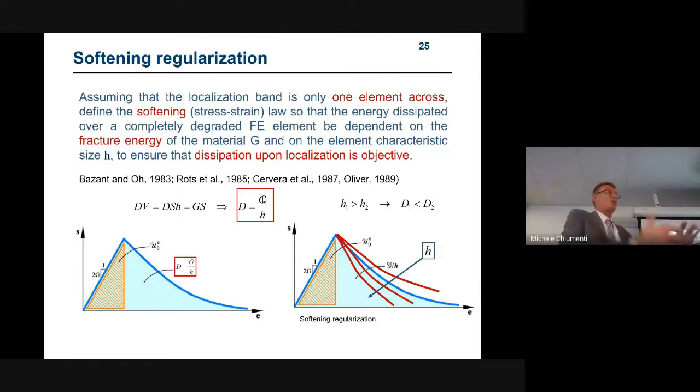This is not a trick. This is just a method due to the smearing. Everybody does it. You put in the data and the software modifies the data internally to guarantee the dissipation. Is it clear?